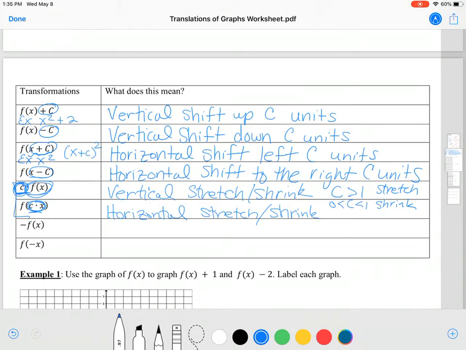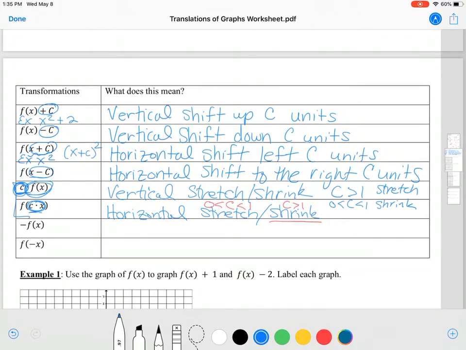Let me write this in a different color so it's easy to read. We're kind of running out of space here. So if your c is greater than 1, it's going to be a shrink. If your c is between 0 and 1, so for example, a half or 2/3 or something like that, then it's going to be a stretch.